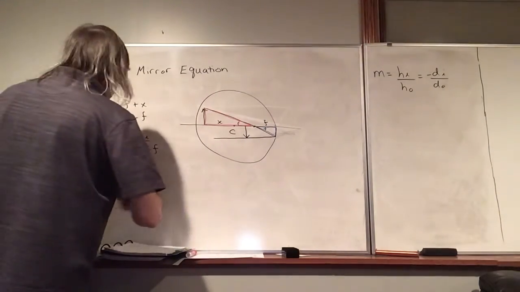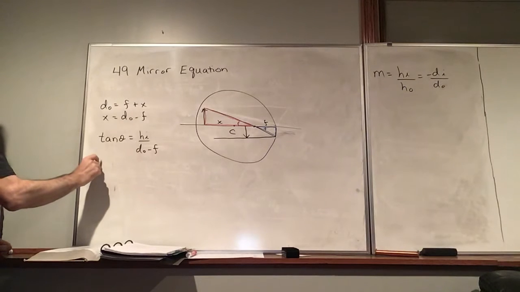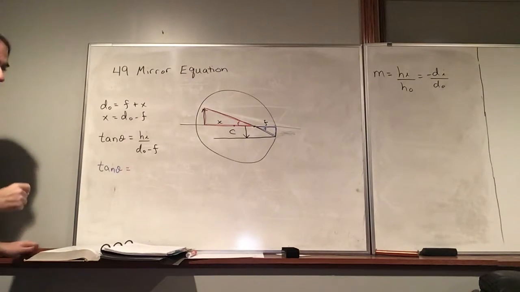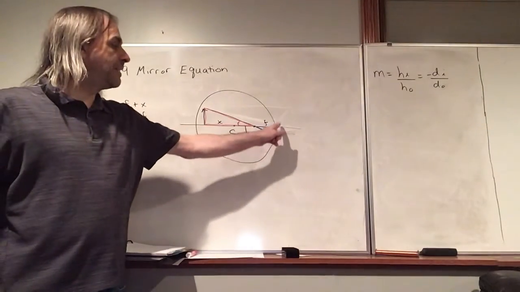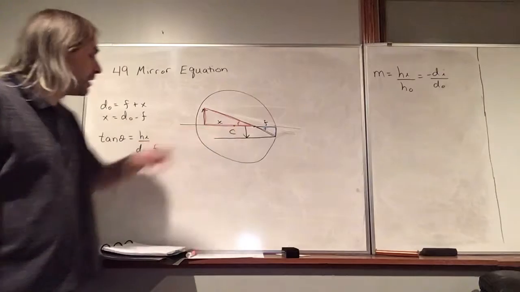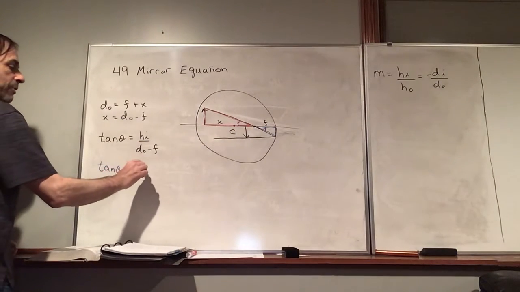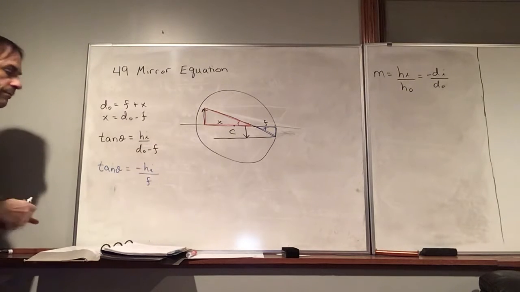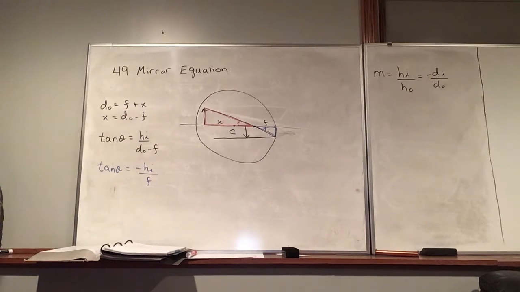And so what we have from that triangle, tangent of theta. Now again, this is minus HI, because remember, these are parallel. So we have minus HI over f. So from looking at that triangle, that's what we get from there.